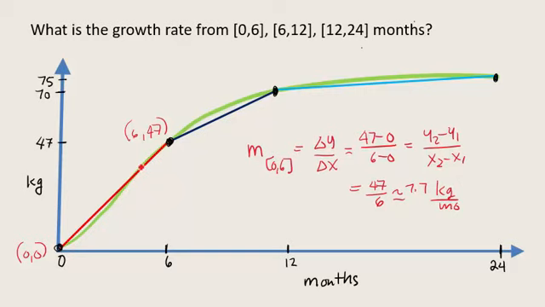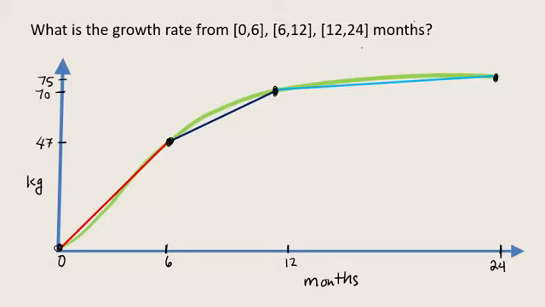Now let's look at the next interval, from 6 to 12 months. So what are the coordinates here? We said it's 6, 47. Oh, by the way, I meant to correct that, so I did change it. The coordinates are 6, 47, and then 12, 70.